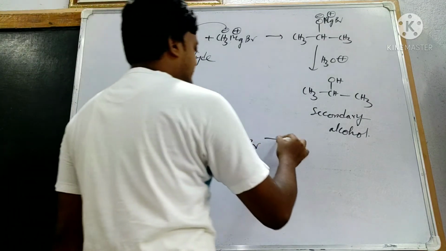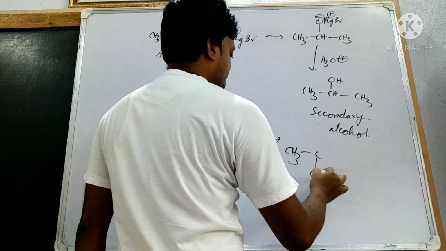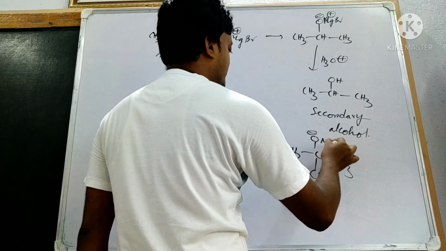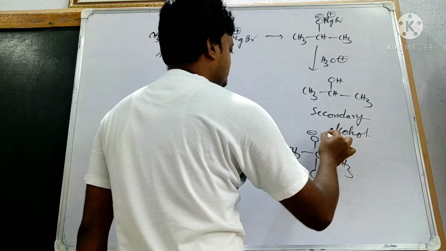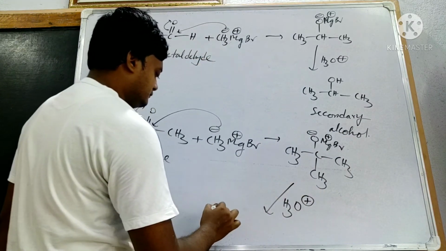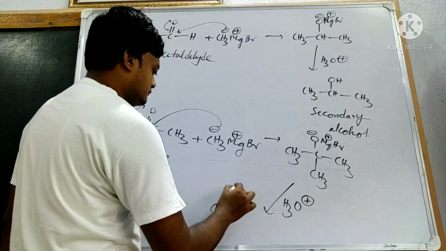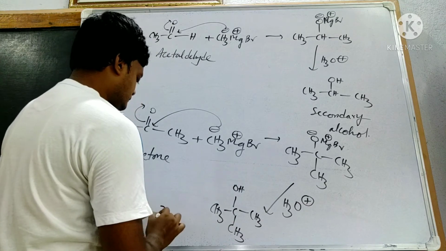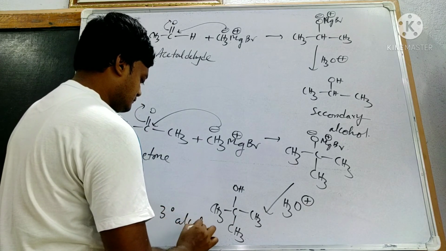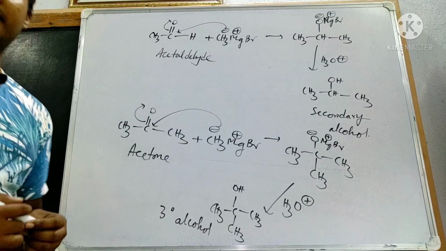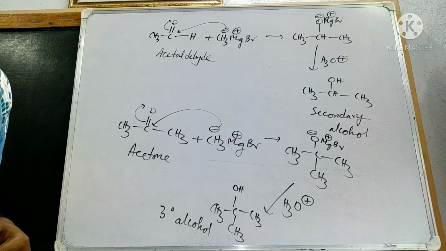All these are nucleophilic addition reactions. Try to remember this mechanism, very important. So from acetone we will get 3-degree alcohol.